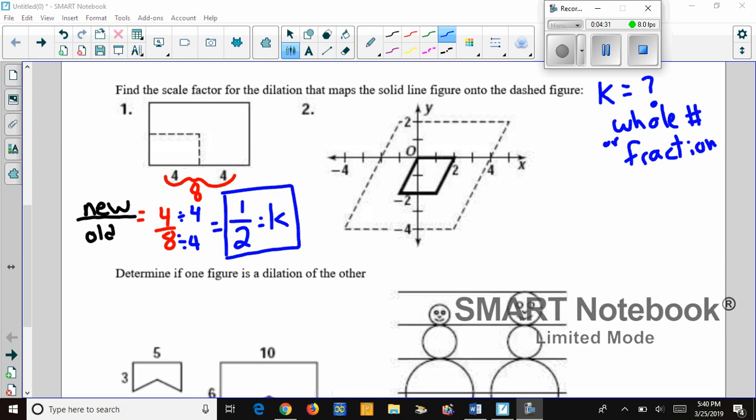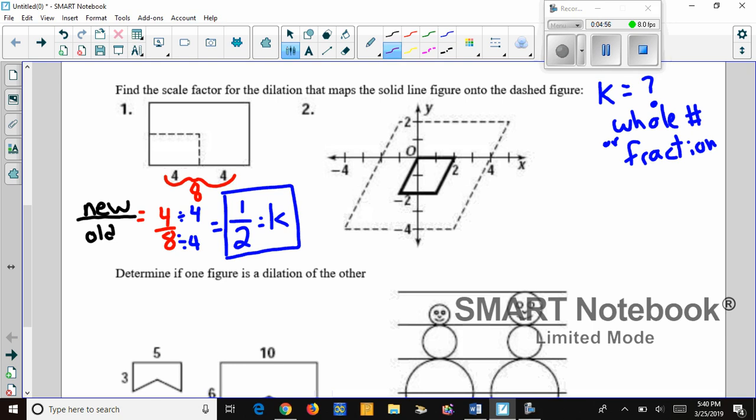Well, if I go from a small shape to a larger shape, am I going to multiply by a whole number or a fraction? In every case, when I enlarge or stretch out my picture, my scale factor is going to be a whole number. Let's see what we can come up with.